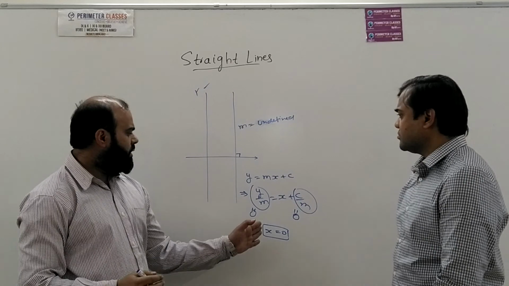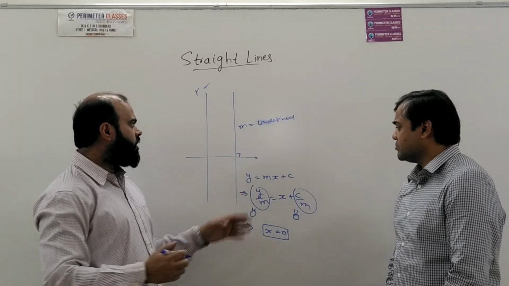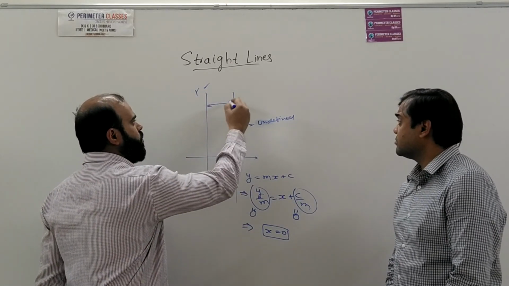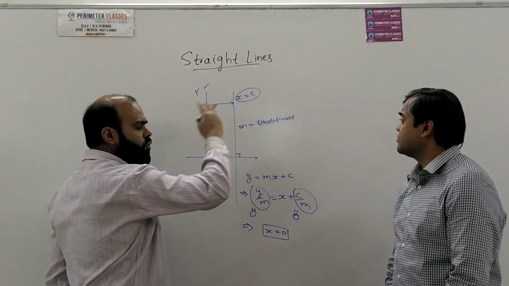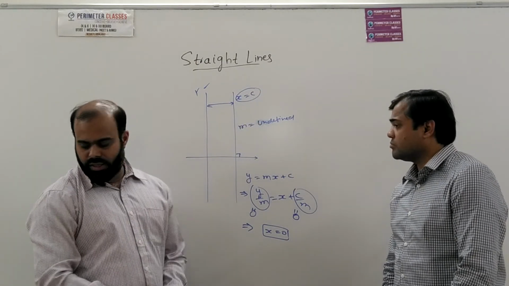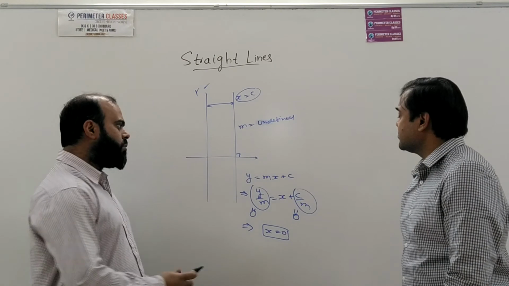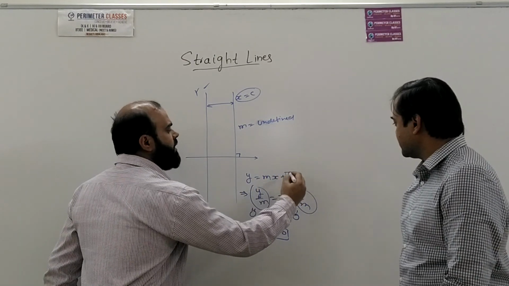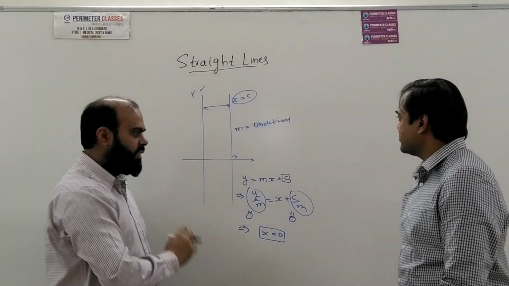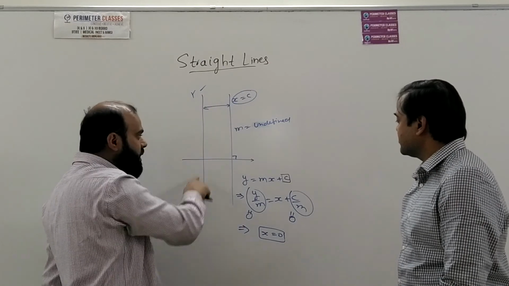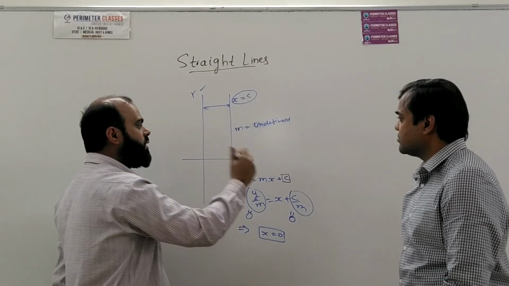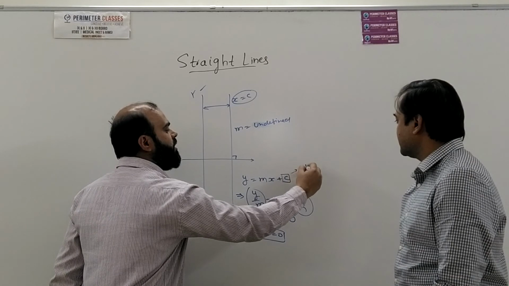Now they said that this is coming out to be the y-axis. Why are you saying that this is a line x equal to some other constant value? It is not coming so. Basically, if you try to understand here, this c, which is the intercept of this line on the y-axis, is actually not intersecting it anywhere. It is intersecting at infinity.